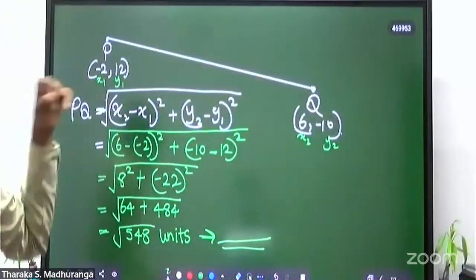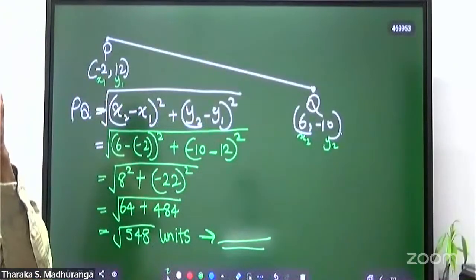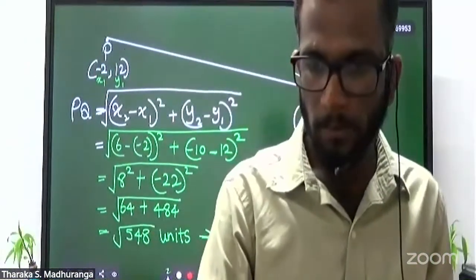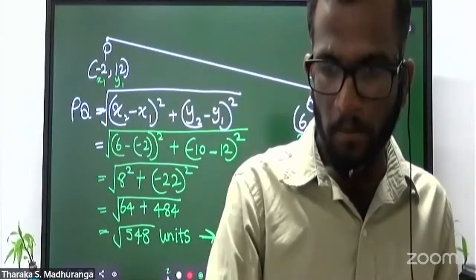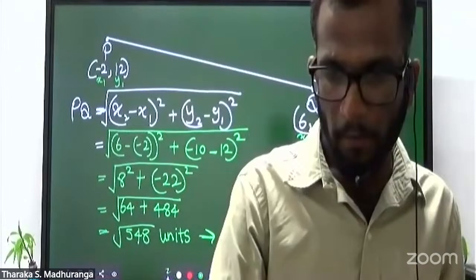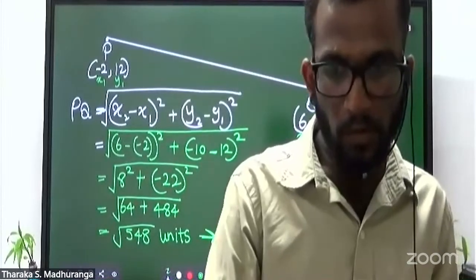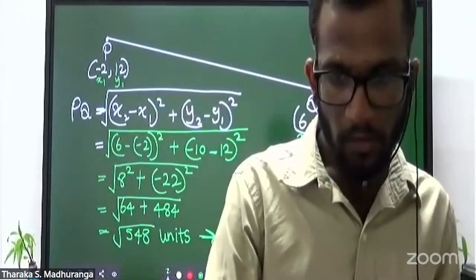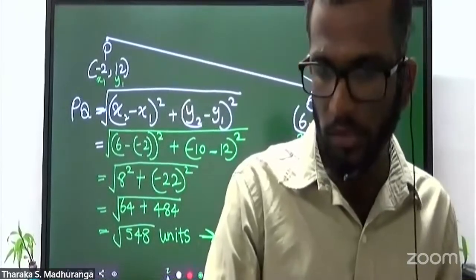Okay, that's the length. I think all are correct. No? All are correct. Then it is not 400, it is 548. It should be 548 root.